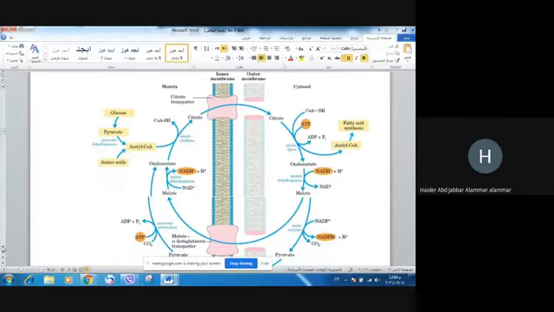This is the citric acid cycle. Please focus with me and pay a little attention. As I said, glycolysis ends, as glucose ends, by forming pyruvate.